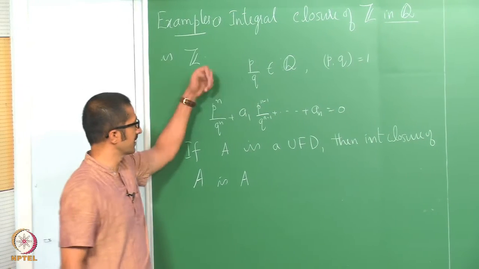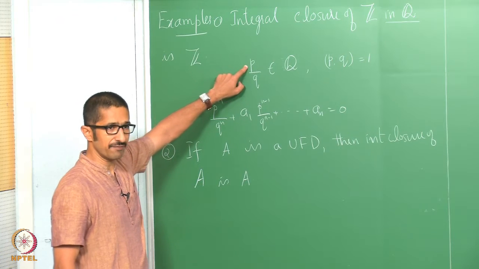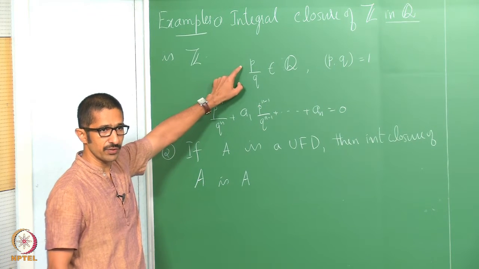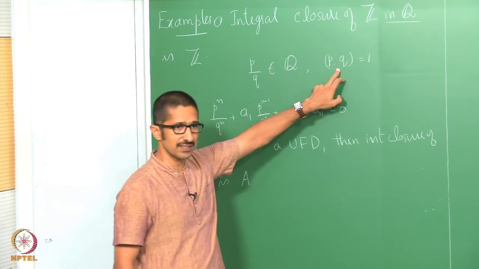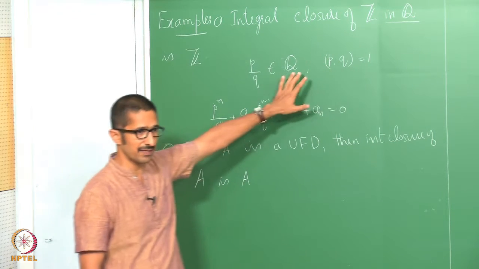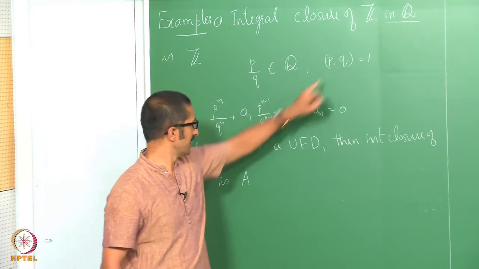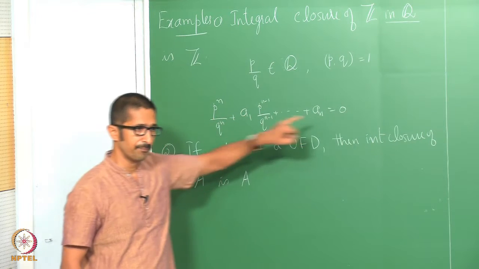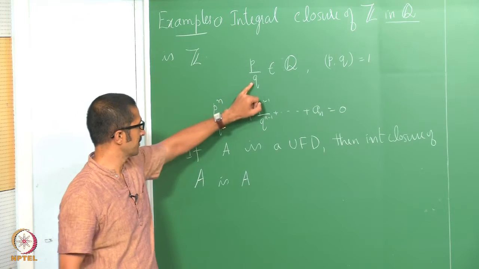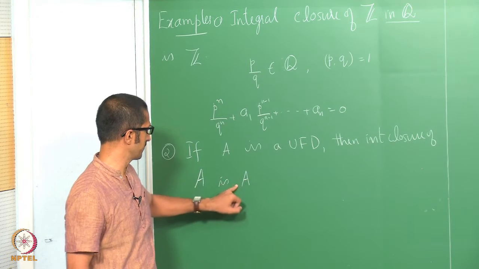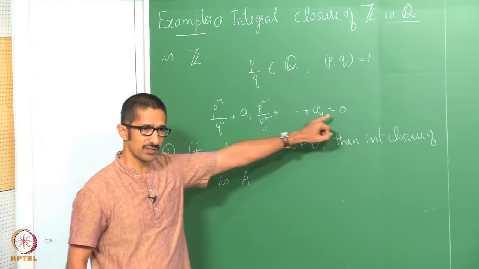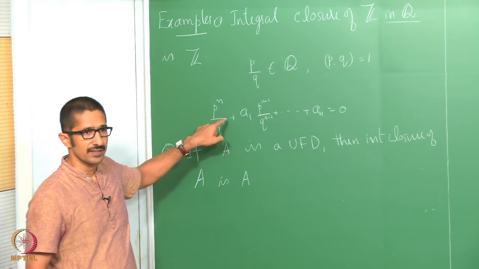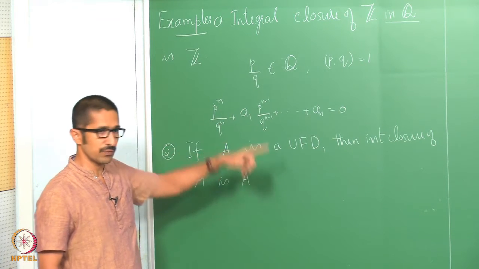What we are using here is that you have a prime factorization for P and Q, and in the fraction field every element can be written like this. Same thing here: if I have something in the fraction field of A satisfying such an equation, ultimately we get that there exists a prime which divides P as well as Q.